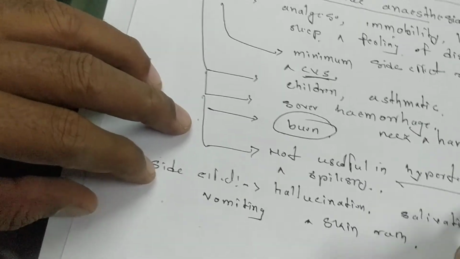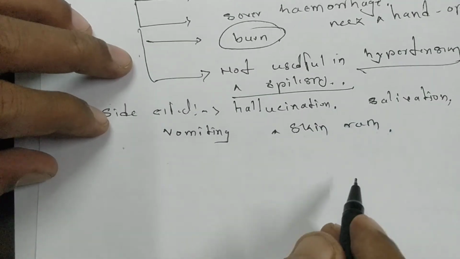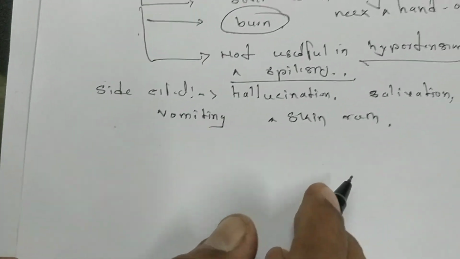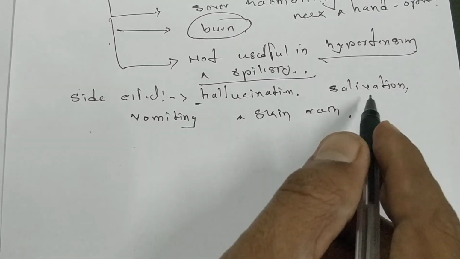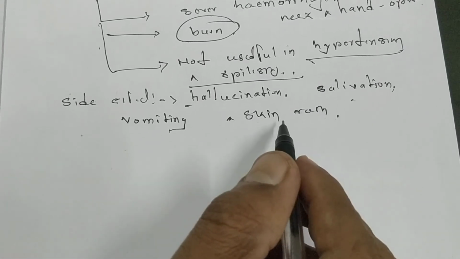It is never used in patients with hypertension or epilepsy. Side effects are hallucinations, excess salivation, vomiting and skin rashes.